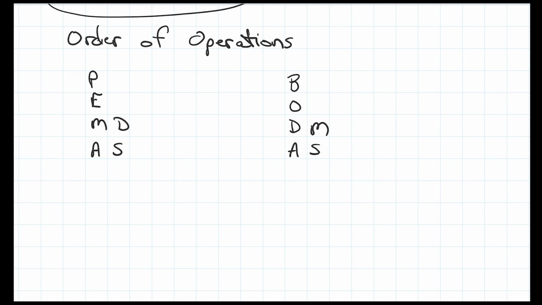And these two acronyms, though they look different, are very much the same. P stands for parentheses, and B stands for brackets. In either case, we're looking at grouping symbols, anything that groups numbers together.